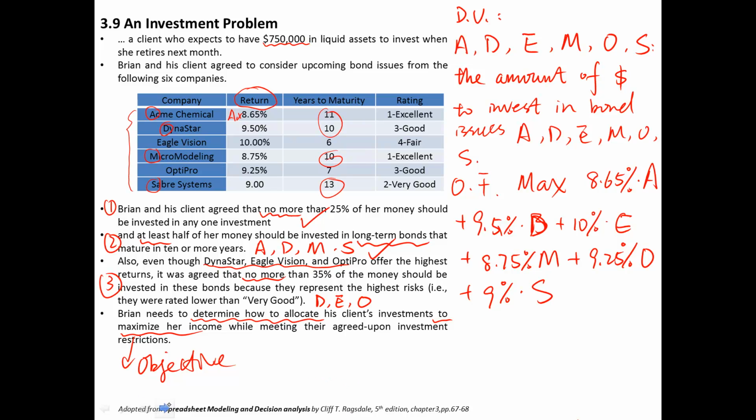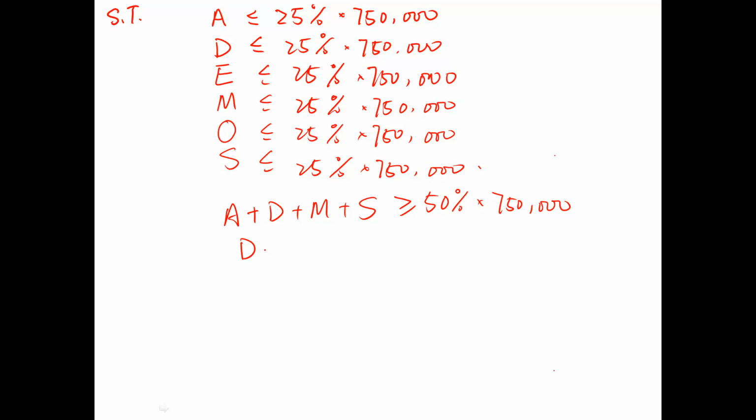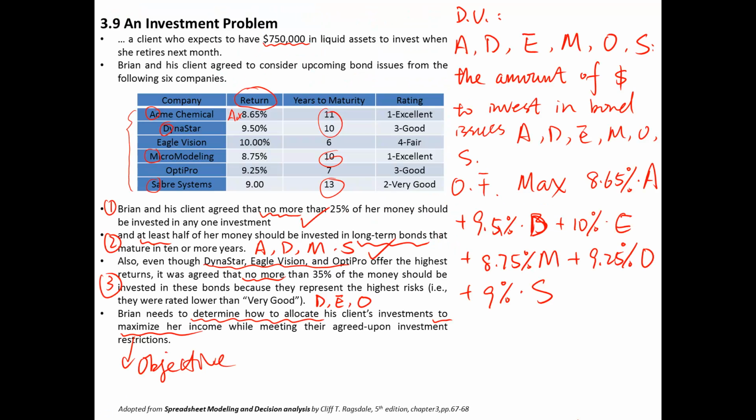D, E, O should not exceed 35% of the money invested. This takes care of the third restriction. Are there any other constraints that we need to put?